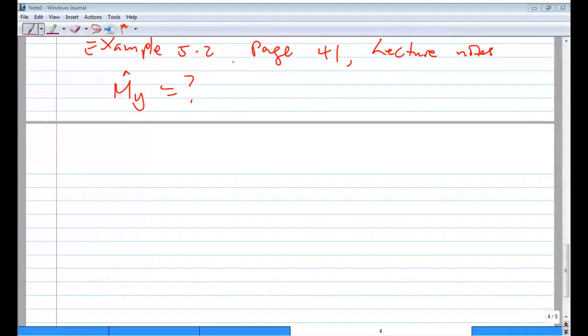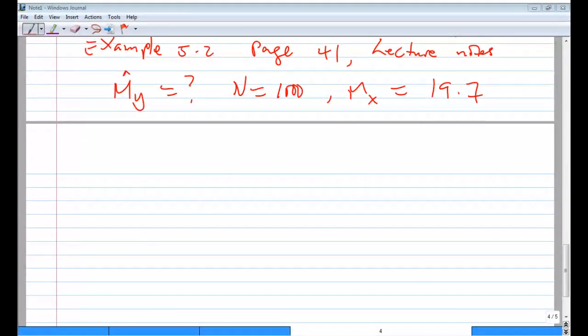And they gave us the population size of 1,000, okay? And gave us the mean number of trees, which is what? Mu x equal to 19.7.